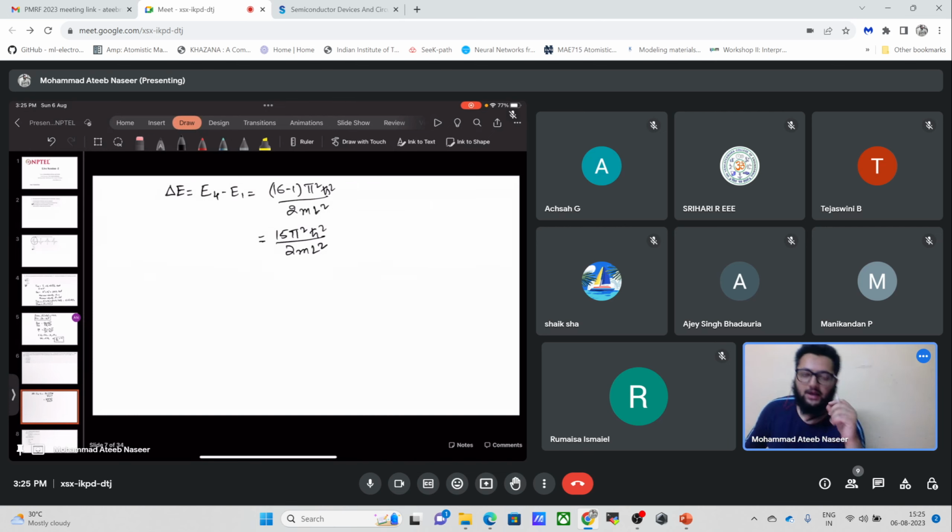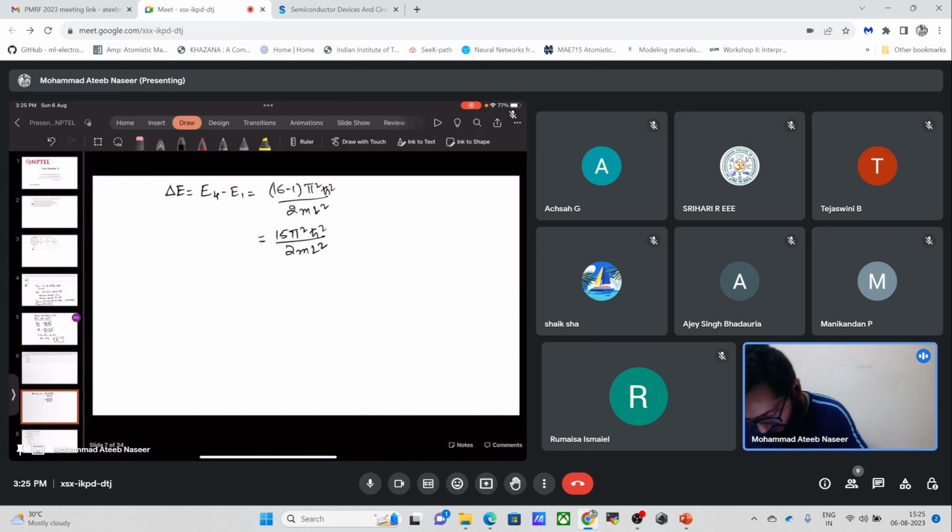For example, if I have some material which is a direct band gap material, and I am transitioning at some point which is associated with k equal to 0. So let us say that we are neglecting this momentum conservation currently, and we are only interested in energy conservation, although energy and momentum are related.